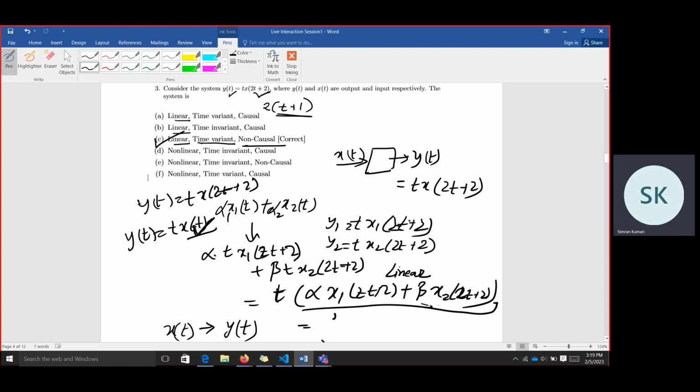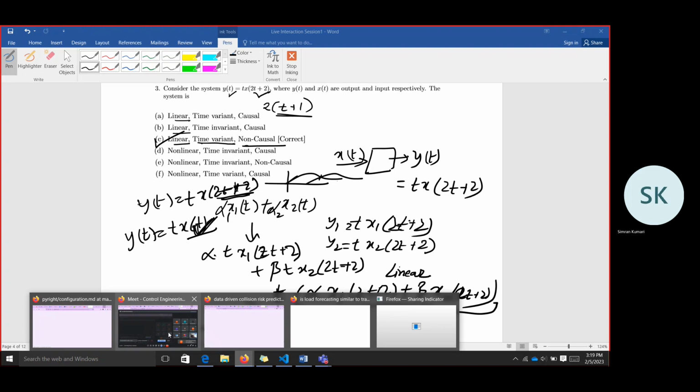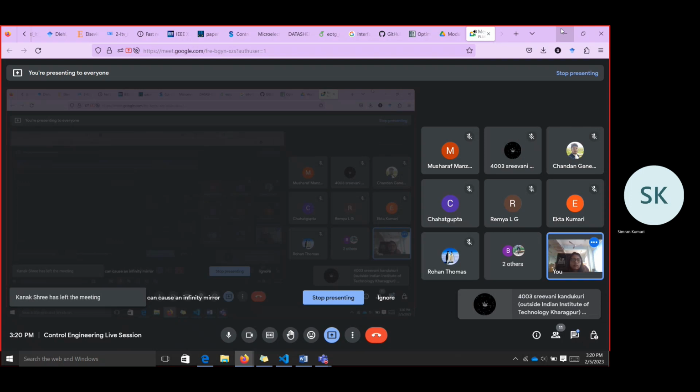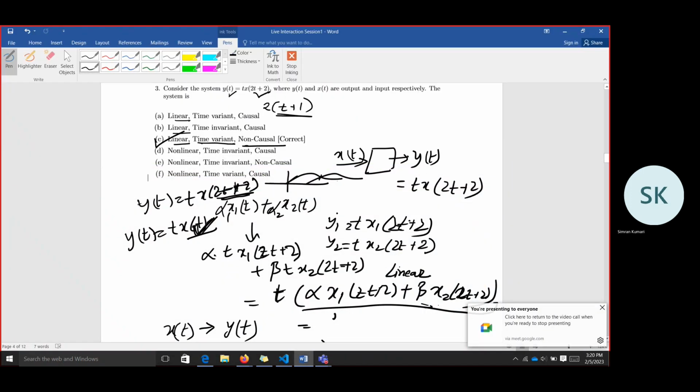So this is dependent on present time only. But we have a time delayed version, no? Or we can say shifted version. So this plus shifts the plot of x. So if this is the plot of x, this is a shifted version. So it depends on future value. Is it clear?